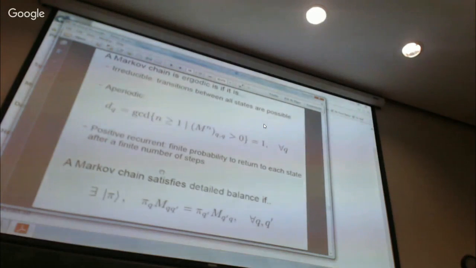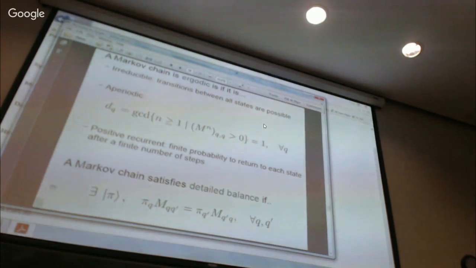Very important property of Markov chains is ergodicity. So ergodicity, a Markov chain is ergodic if it satisfies these 3 sub-properties. If it's irreducible, which means that you can transition between all states that are possible. If it's aperiodic, which means that you don't have any cycles of hopping from one state to another state and then back again.